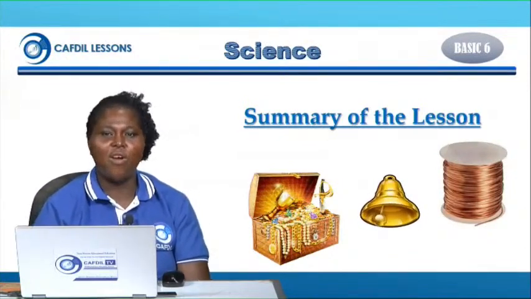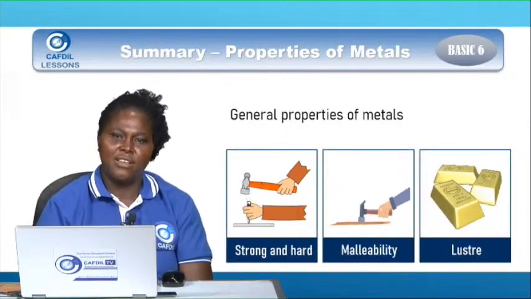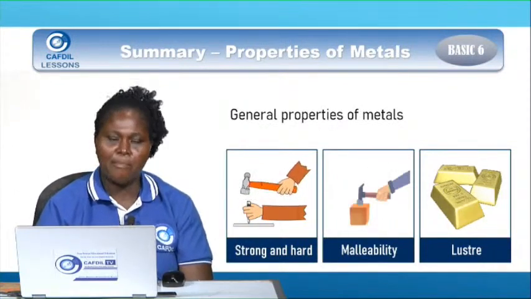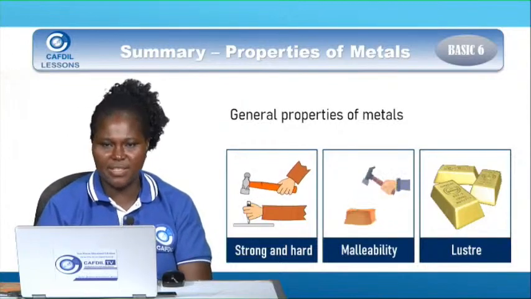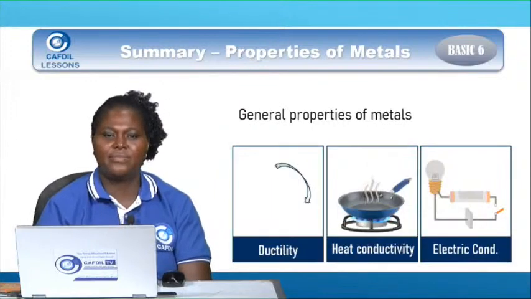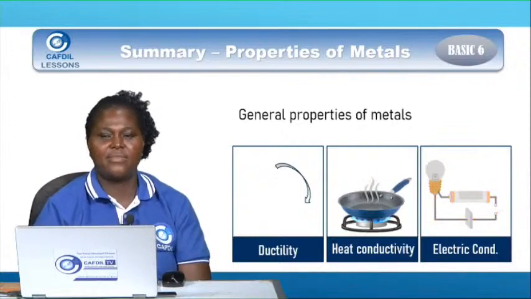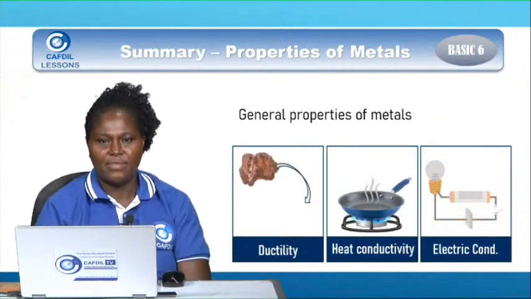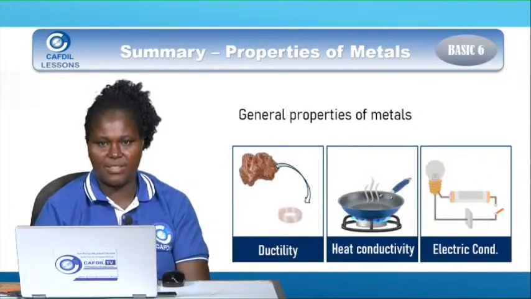Now, the summary of the lesson. We looked at the general properties of metals. Metals are strong and hard. They show the properties of malleability, lustre, ductility, heat conductivity, and electric conductivity.